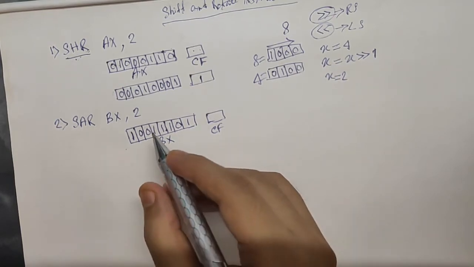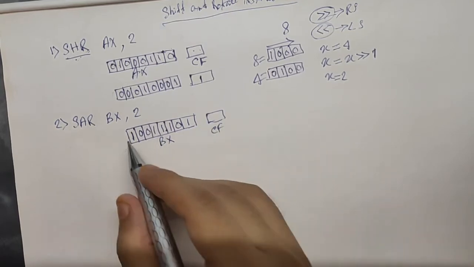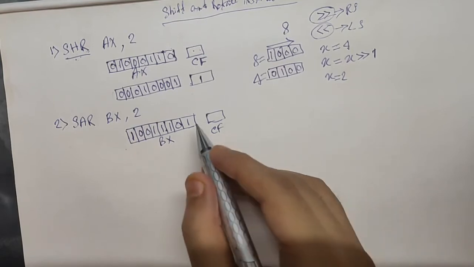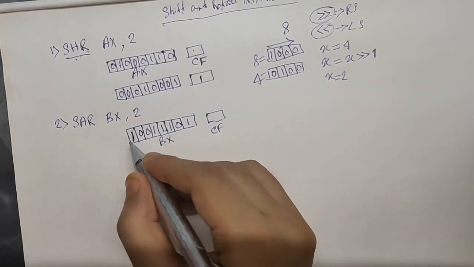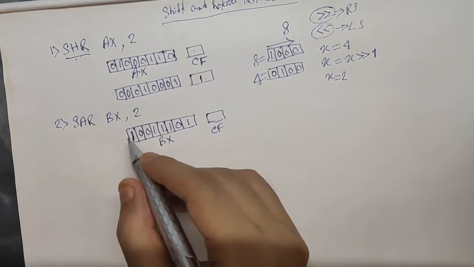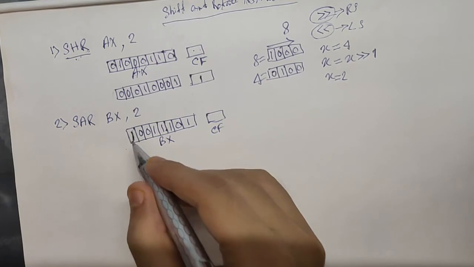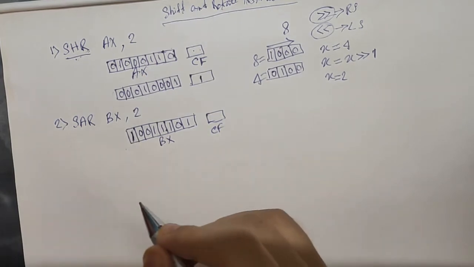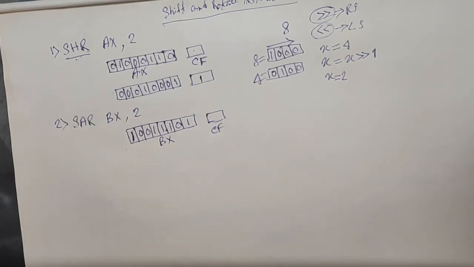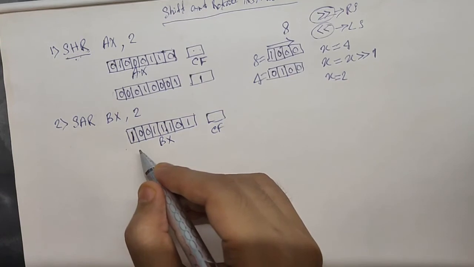What is sign extension? When we shift to the right side, our most significant bit we need to preserve. If it is 0, then we fill this place with 0, and if it is 1, then we fill this place with 1. This is the main difference between logical shift and arithmetic shift. In arithmetic shift, we need to perform the sign extension.